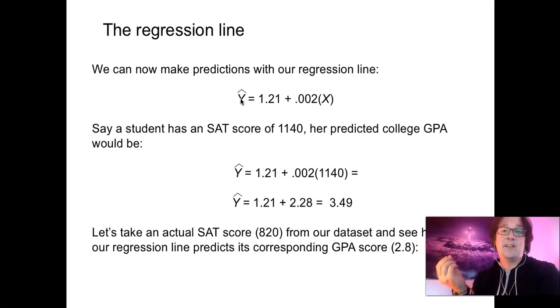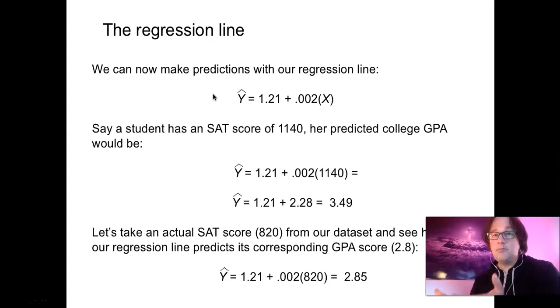Let's see what the predicted value is. We know the actual value for GPA is 2.8, but let's see what our model's predicted value is going to be. That'll give us an idea of whether our model is making good predictions or not. So all I did was plop in, remember this is our regression model based on that data, that student's SAT score, where X is, and I get a predicted Y of 2.85.